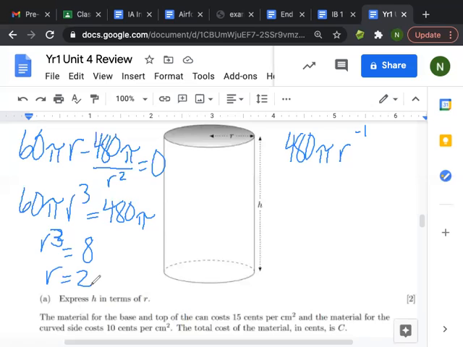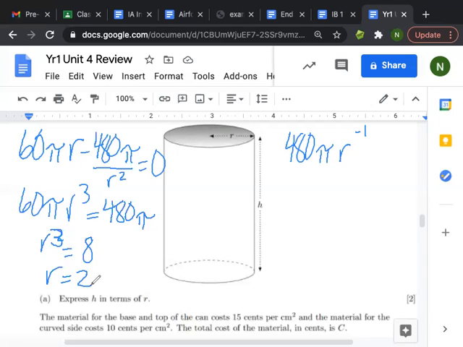Wait, from here, I added 480 pi divided by r squared to the other side. Isn't the r squared supposed to be on the left side, not in the fraction? No, it's in the fraction. So did you remove it from the original problem?